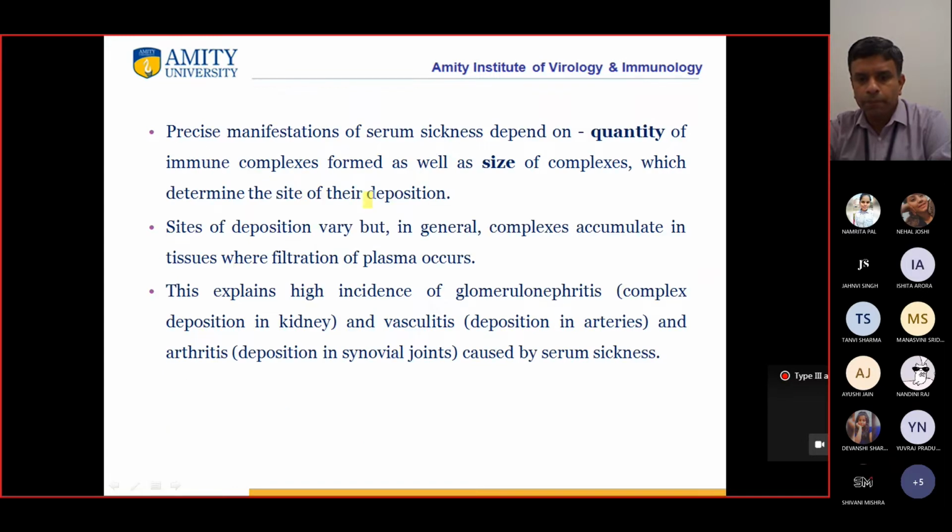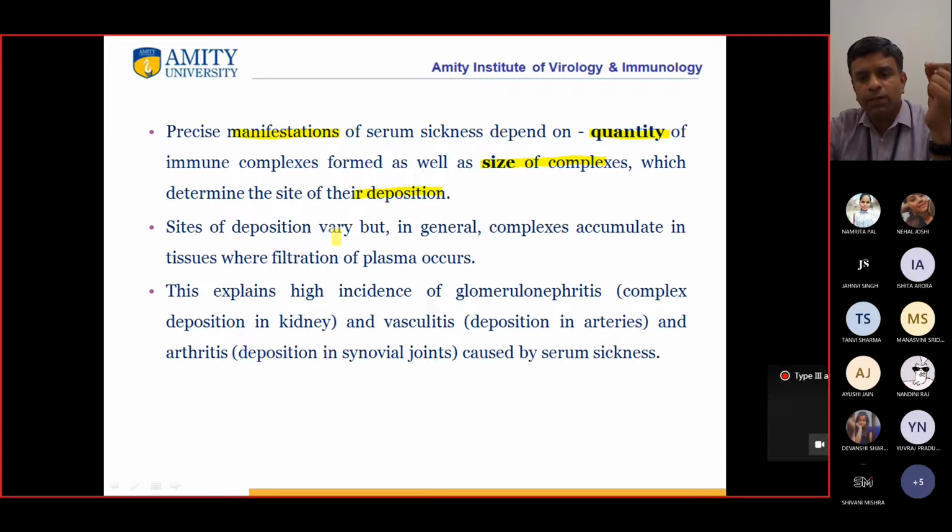So I'm leaving all this. But as I said, what kind of outcome will happen depends on the quantity of the immune complex formed as well as the size of the complex plus where they are deposited. Site of deposition varies, right?